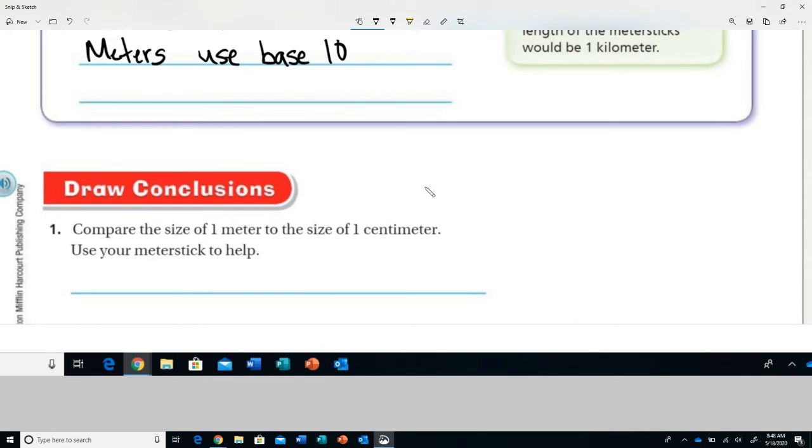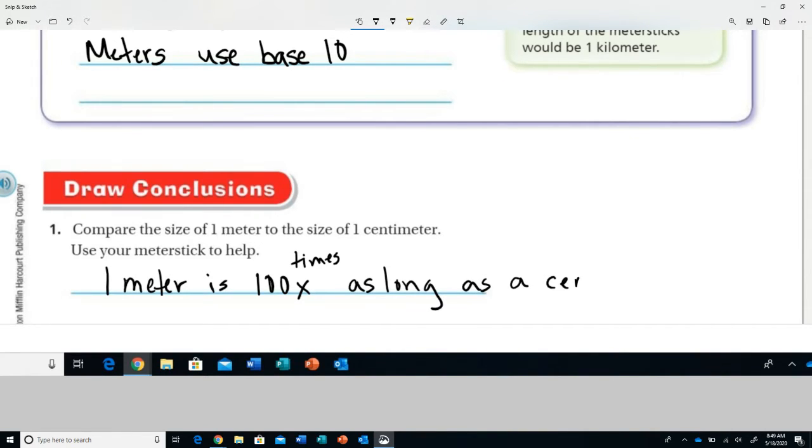So 1 centimeter, if you look at your fingers, is about the distance across your little fingernail. It's not very big. A meter stick is much larger, right around the size of a yardstick. So in here, we're going to say that 1 meter is 100 times as long as a centimeter.